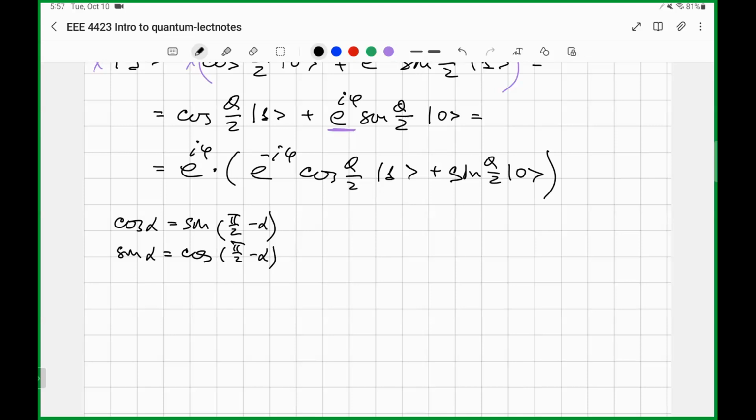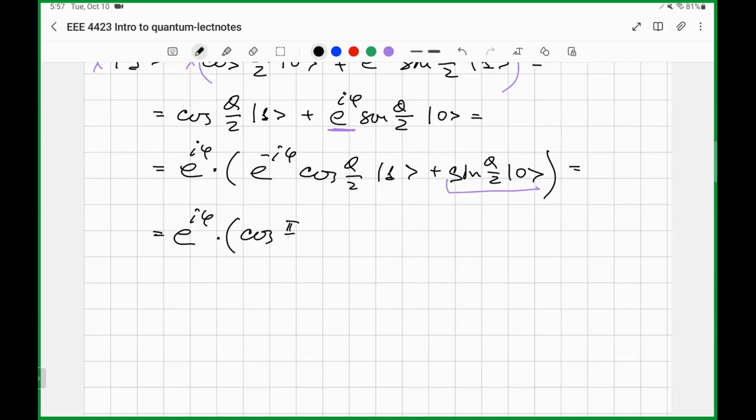Okay, so now I use these formulas to represent this in the following form: e to the power of i phi times, and let me write this one in the first place, cosine of pi over 2 minus theta over 2 state 0 plus e to the power of minus i phi sine of pi over 2 minus theta over 2 state 1.